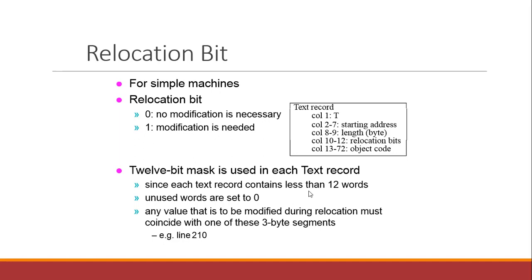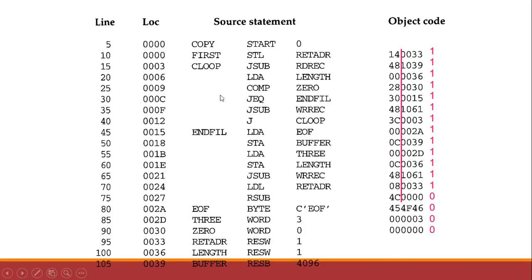For example, in this example, line number 10, STL RETADR, is an absolute address, so the bit will be set to 1. Modification is required. So for line number 10 to line number 70, till line number 70, all the instructions are absolute addresses, so modification is required.